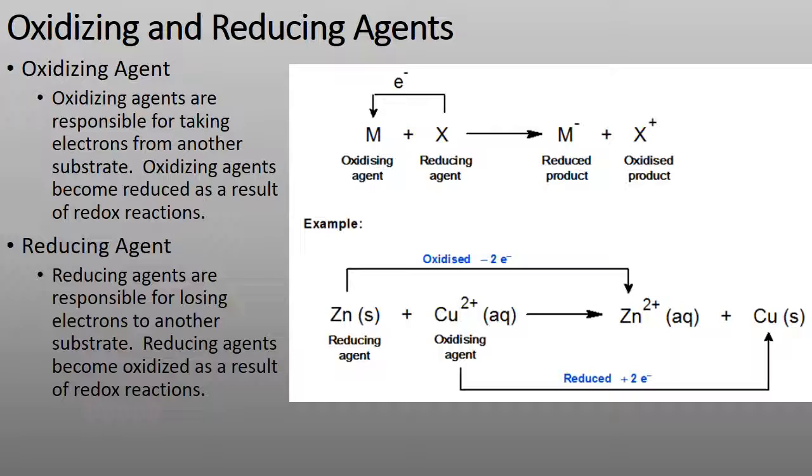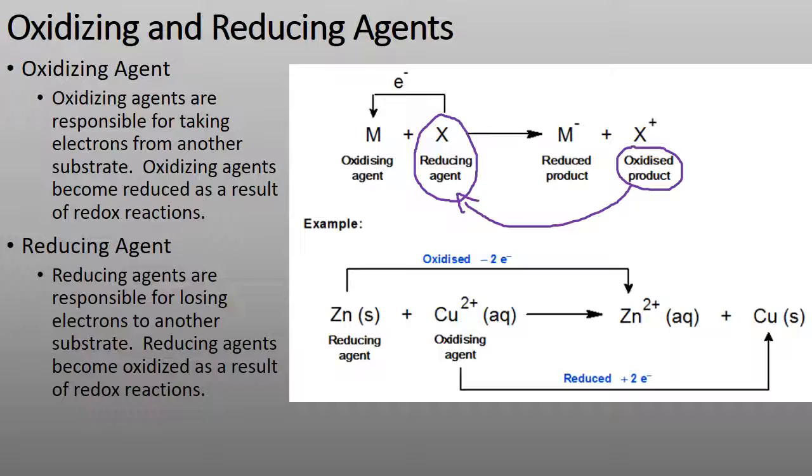Whichever reactant is going to be losing electrons, meaning that it will be oxidized as the product, is the reducing agent. So an oxidized product as a result of a chemical reaction is the reducing agent. It is the one responsible for giving up electrons to another compound.